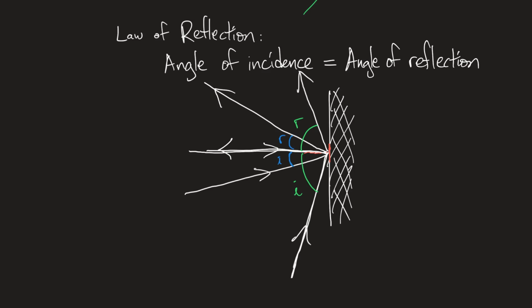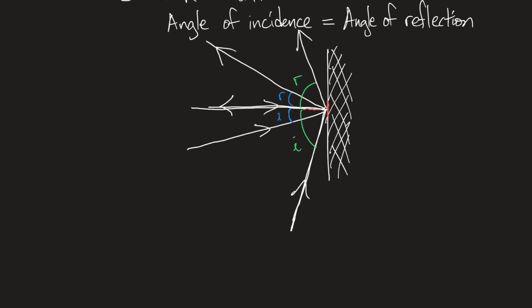Okay, let's take a look at some more examples then. So let me draw another plane mirror, and I'm going to move this plane mirror around just so you don't get too used to a plane mirror always being on the left side or the right side. Let's just draw a plane mirror up here.